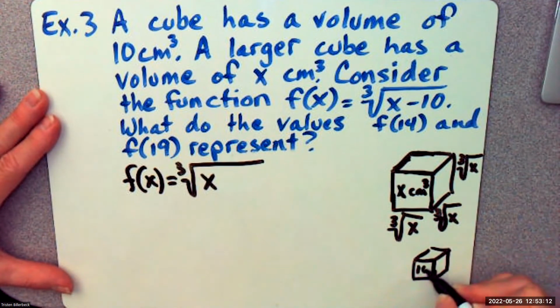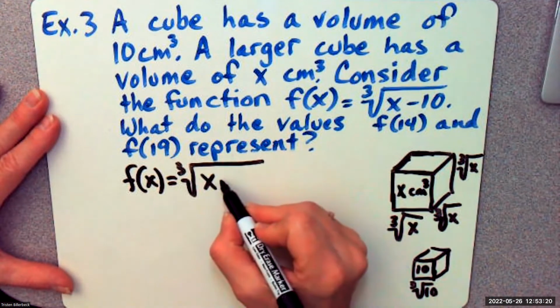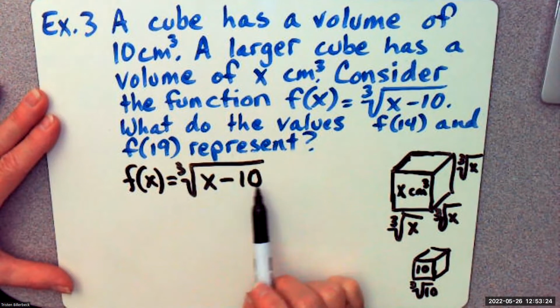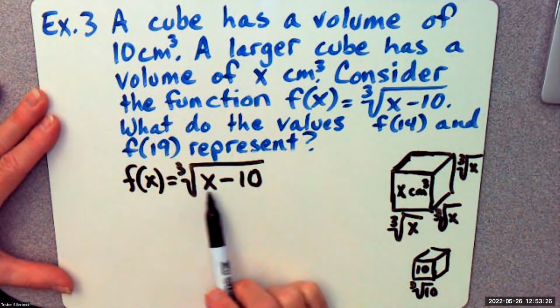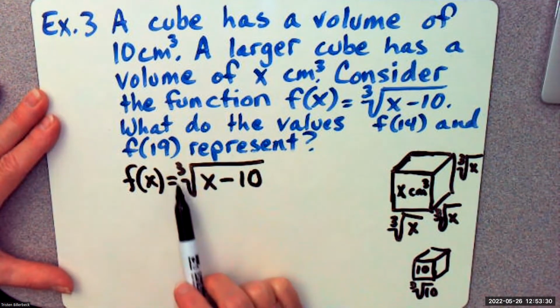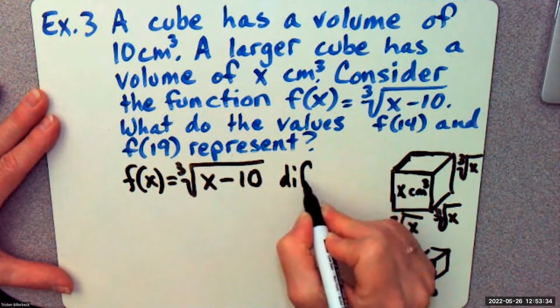So if this one's 10, then that's the cube root of 10 for each side, okay? So when we have x minus 10 in here, that's the difference in the volumes of the 2 cubes. So when we have this, this means the difference of the sides.